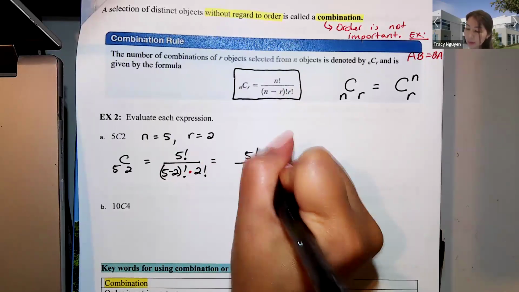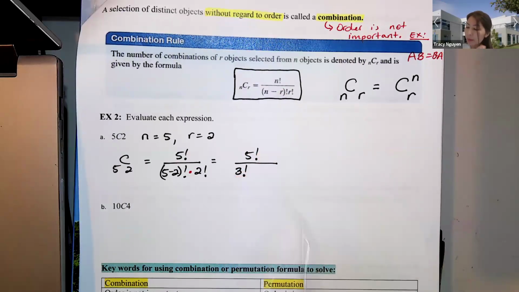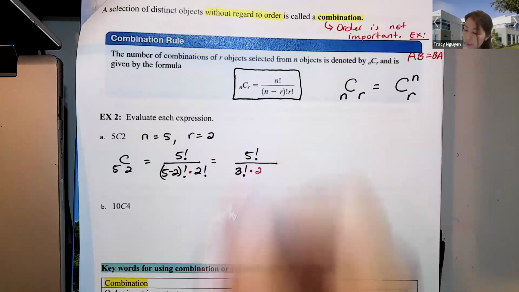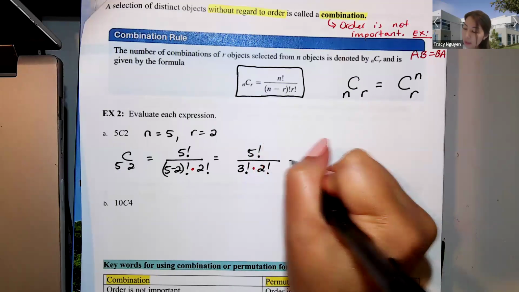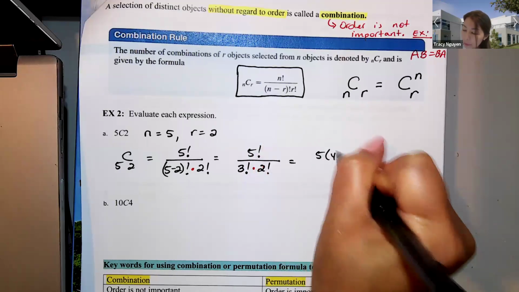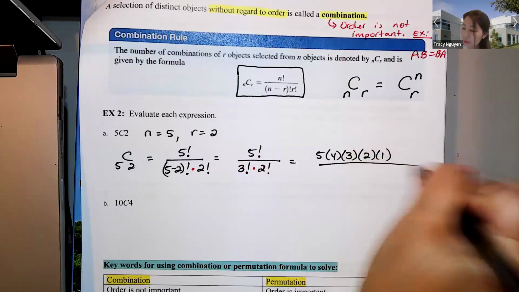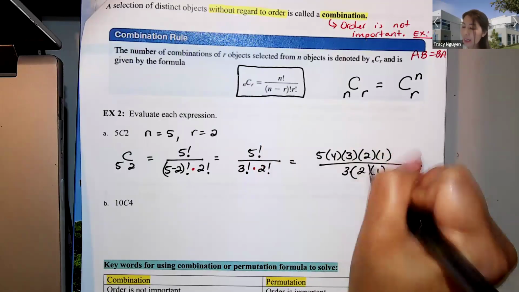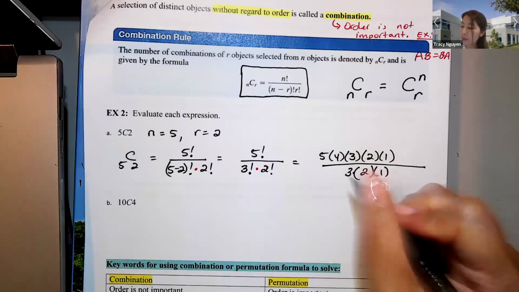Okay, then let's work it out. 5 factorial, the denominator 5 minus 2, which is 3 factorial, and we're timesing it with 2 factorial. Then we work out 5 times 4 times 3 times 2 times 1. The denominator 3 factorial, 3 times 2 times 1. Notice that I line up the factors on purpose so that it's easier for the simplifying part.